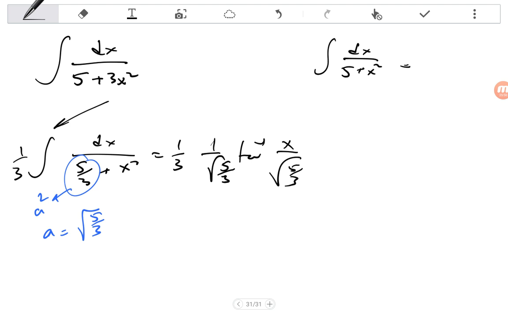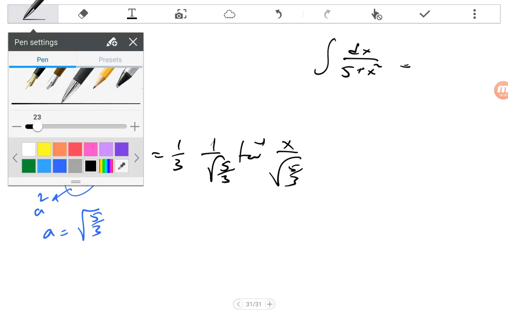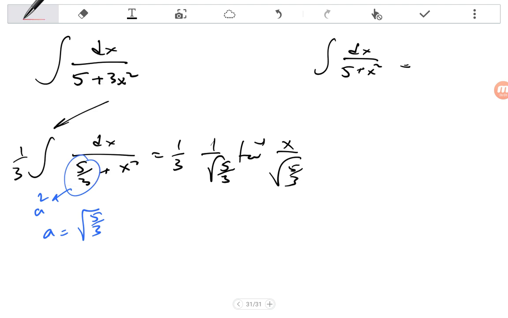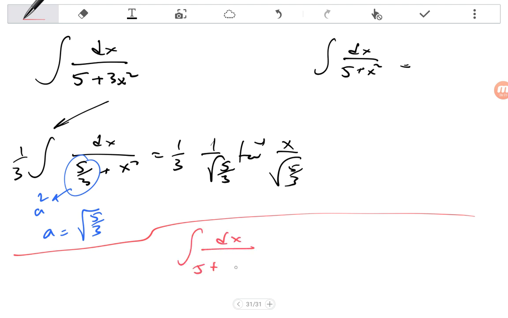Another method, which is usually used, is also correct, but some students forget a step in this new method. What is this method? I look at 5 plus something squared.